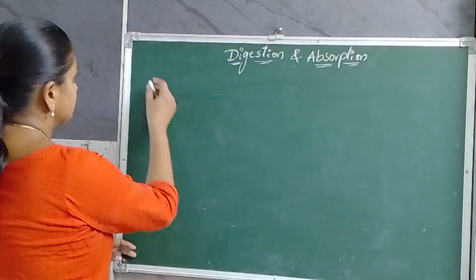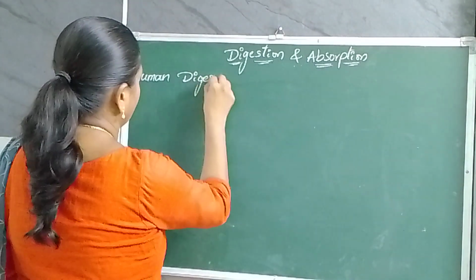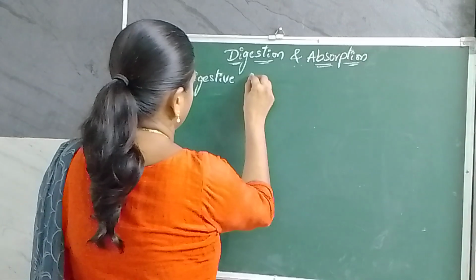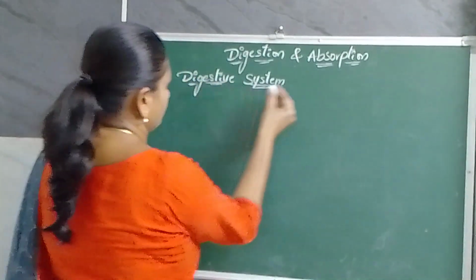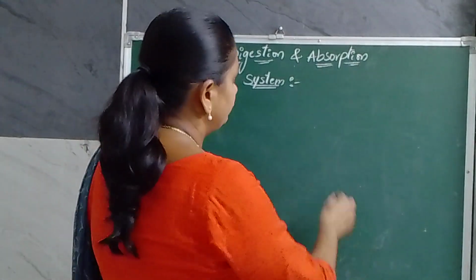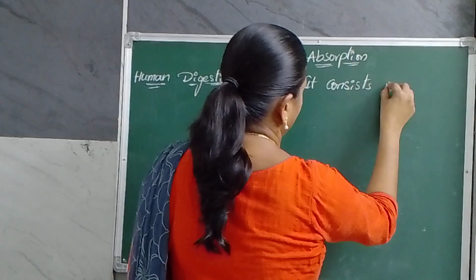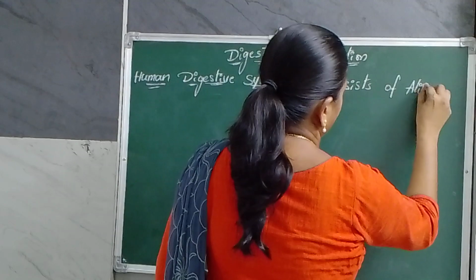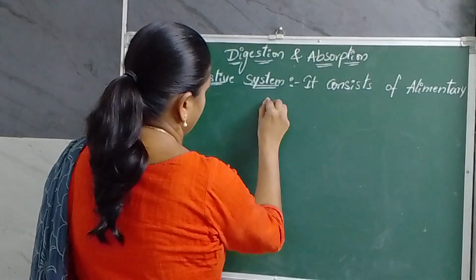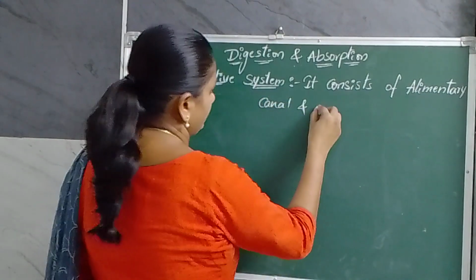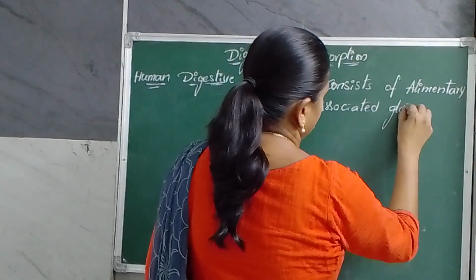The human digestive system consists of the alimentary canal and associated glands.